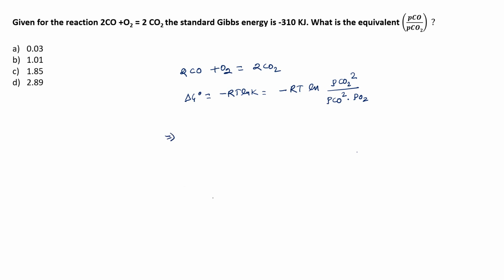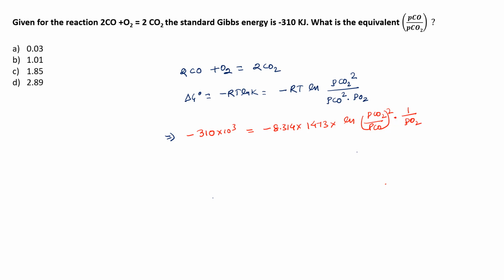Delta G naught is equal to minus 310 into 10 power 3, equal to minus 8.314, and temperature is again 1200, which we take from the previous one, so 1473, into ln of PCO2 by PCO whole square times 1 by PO2. We can take it like this. Now you just need to do the calculation.